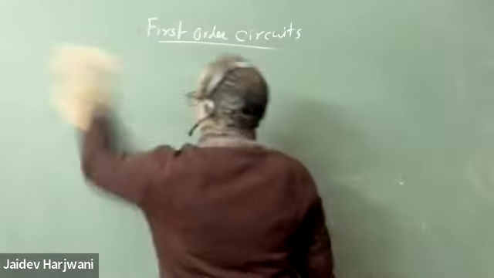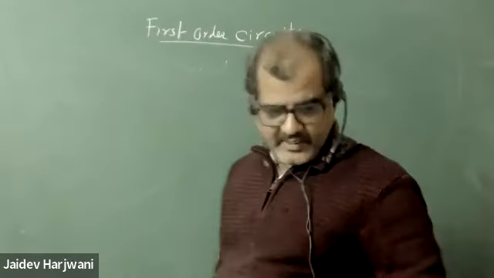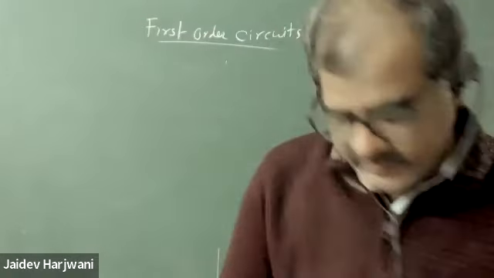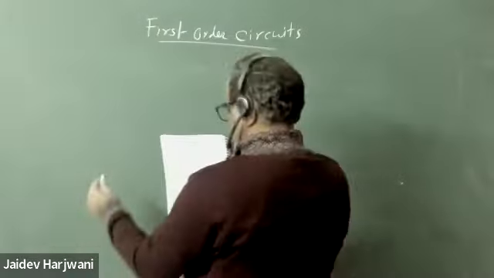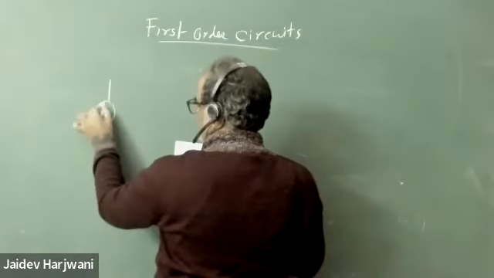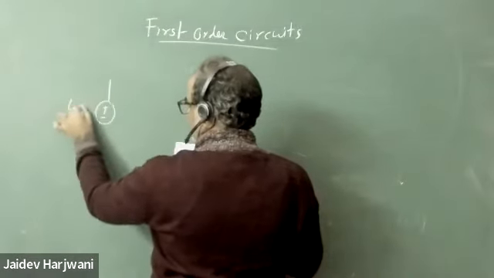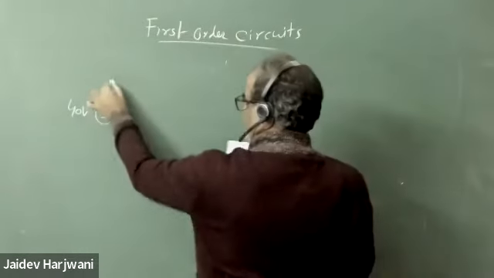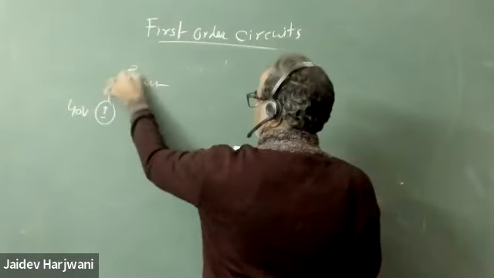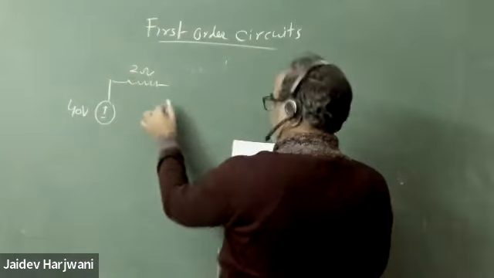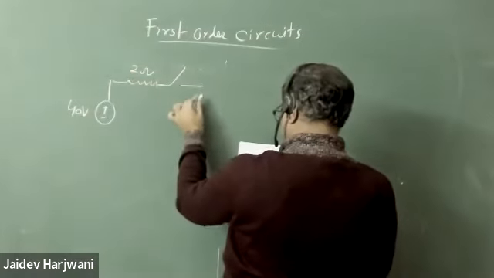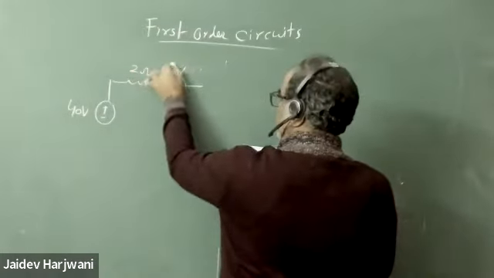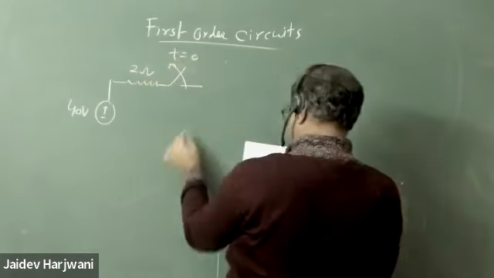So now let me give you one problem. I have this 40 volts source. Now you have a 2 ohm resistance. Here we have one key which we are opening at t equals 0.